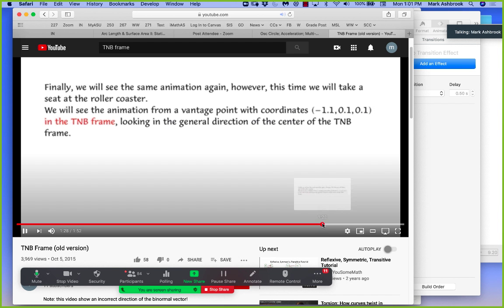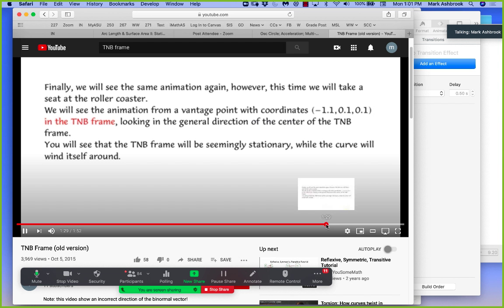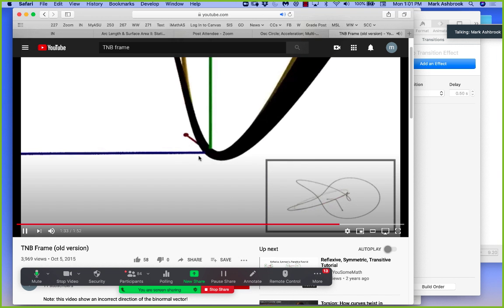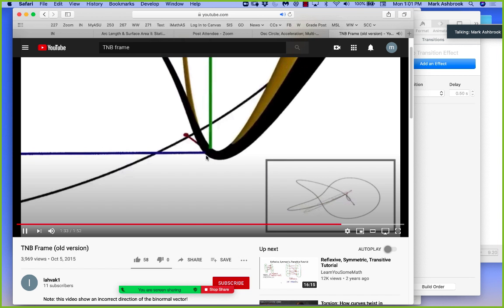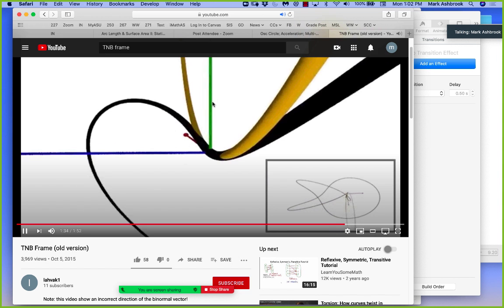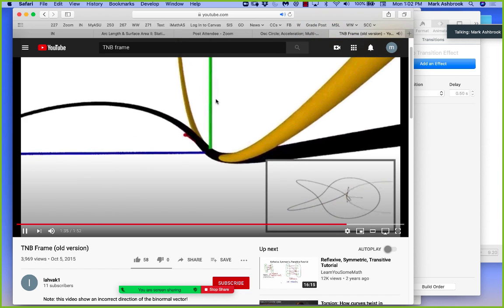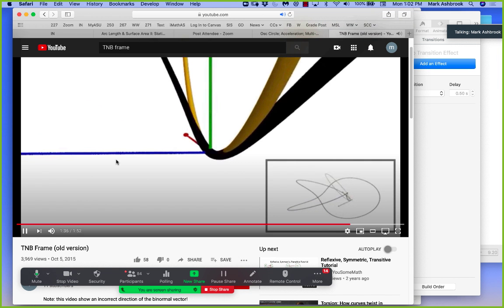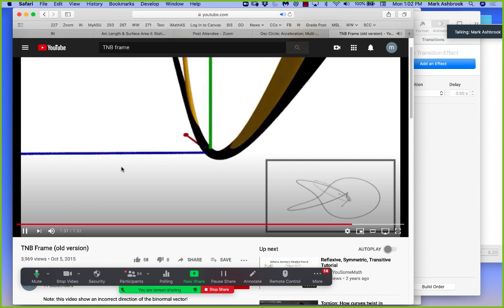So we can see that in this view, it's like you're riding in the roller coaster. This is the same curve, but now we're sitting in the car, riding in the roller coaster. The direction of turning is always up in this view. I would have preferred if they did the turning horizontal and the blue up or down as binormal, but that's the way they did this.